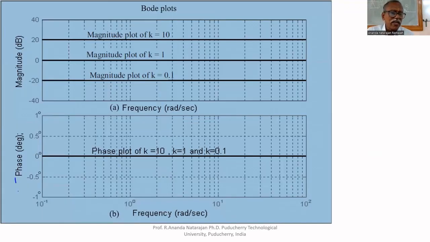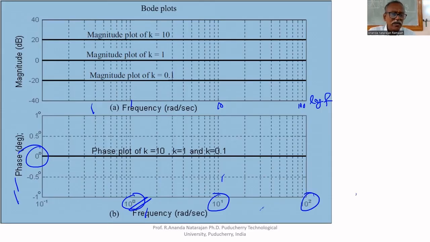For all values of k, the phase plot is 0 degree only. Frequency is marked as 1, 10, 100, log f. Or 1 can be written as 10 power 0, 10 as 10 power 1, 100 as 10 power 2, and 0.1 as 10 power minus 1. Like that also you can write.